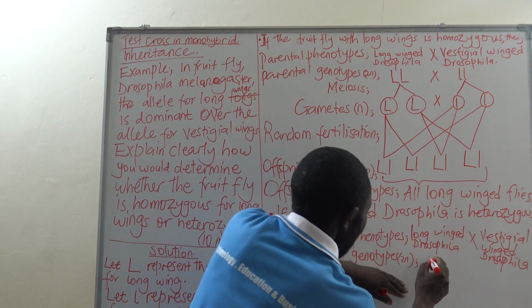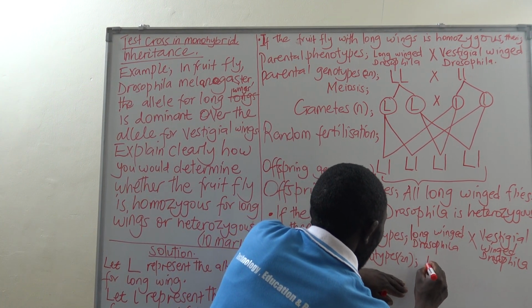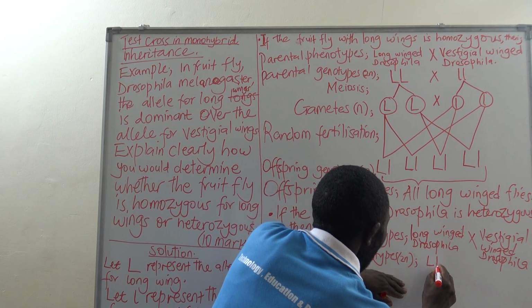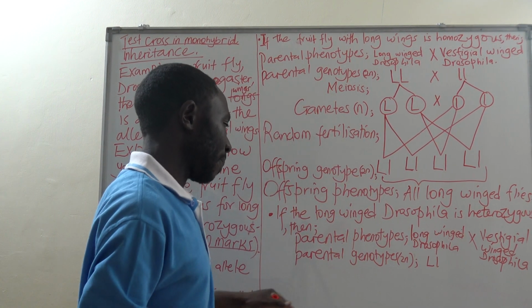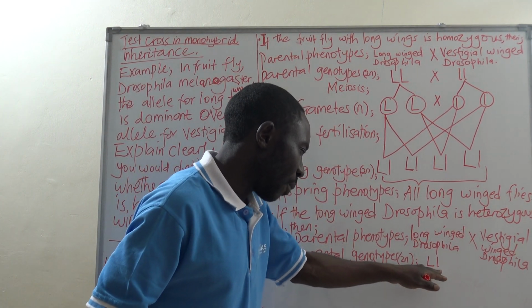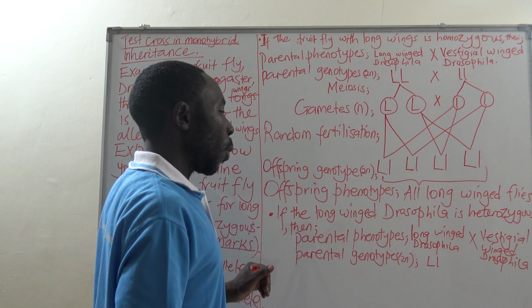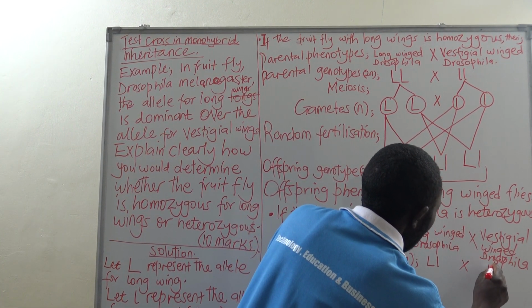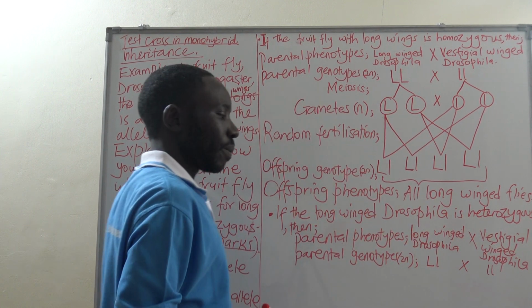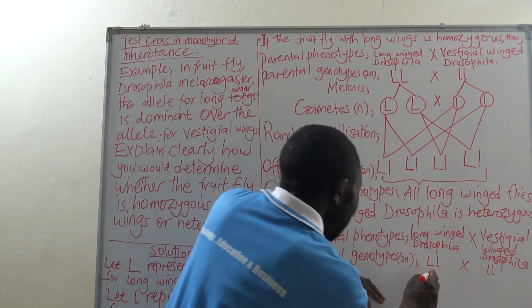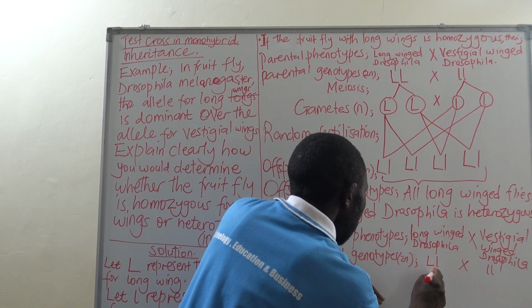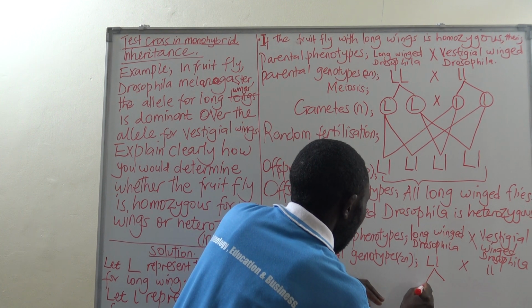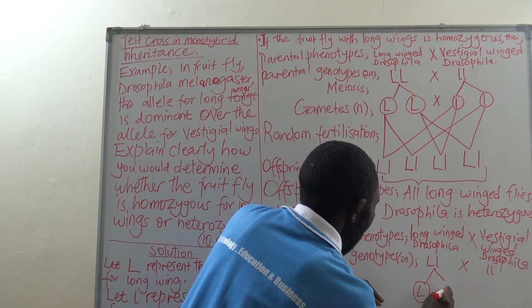This one is heterozygous. We shall have capital L with small l. We are crossing it with small l, small l. The genes segregate to form capital L, then small l.